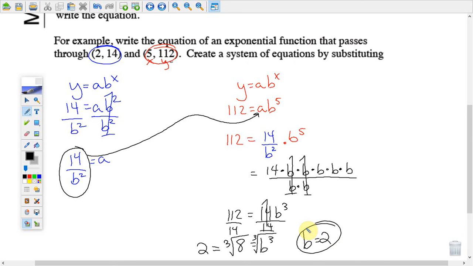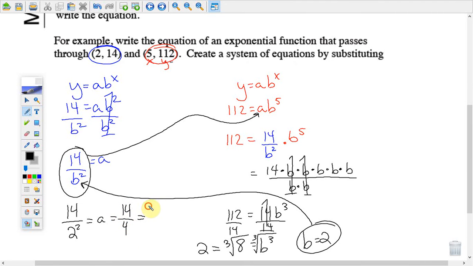Now I'm going to take that 2 and plug it back into my first equation right here to solve for a. So we're going to have 14 over 2 squared equals a. So a is going to equal 14 over 4, which equals 7 over 2, or 3.5.